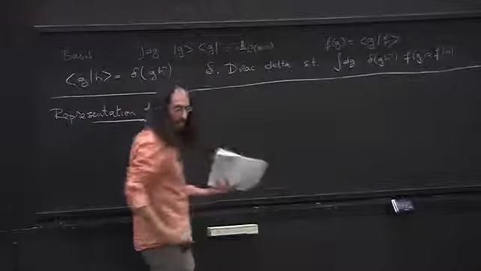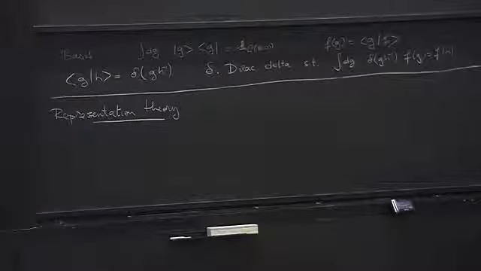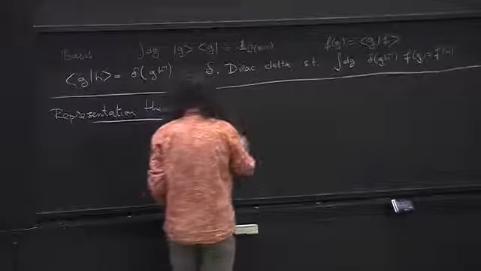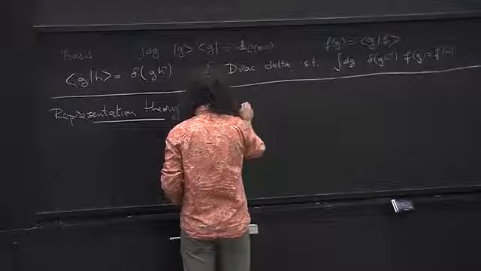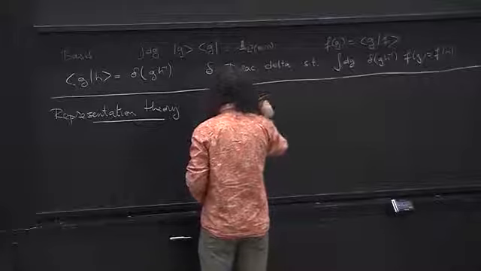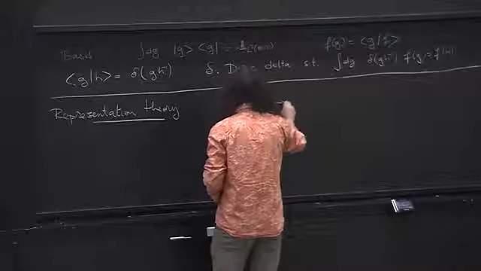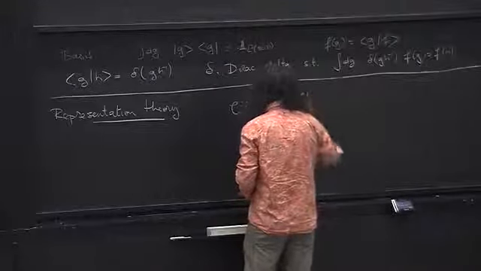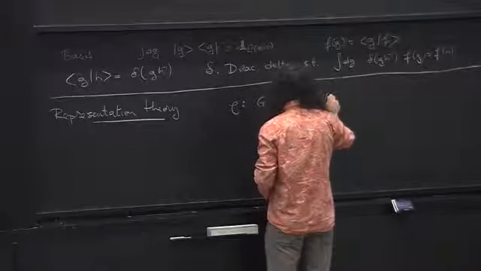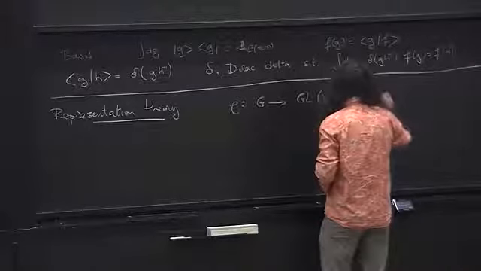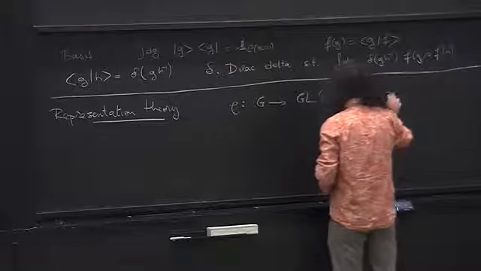So what's a representation? Well, you have a group of symmetry and a physical system, and you'd like the symmetry to act on your system as operators or transformations. So it's what we call a representation. Basically, a representation rho is a map from your group G to GL, the general linear group on V, where V is a Hilbert space.